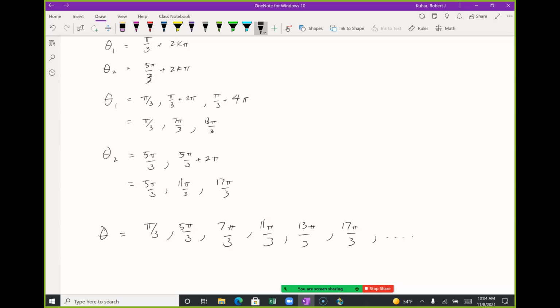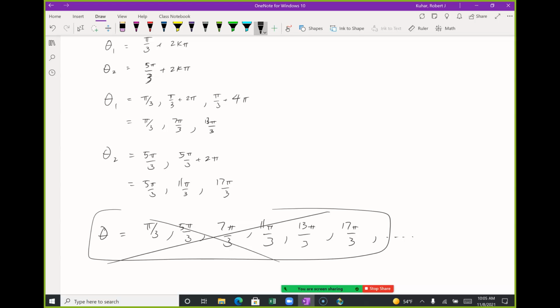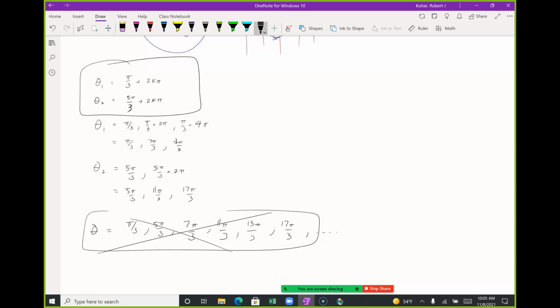With my current knowledge of sequences and series, it would have to be arithmetic, right? So I'm asking, am I adding the same thing each time to get the next term? No. So this is no good to me. So this is my actual final answer.